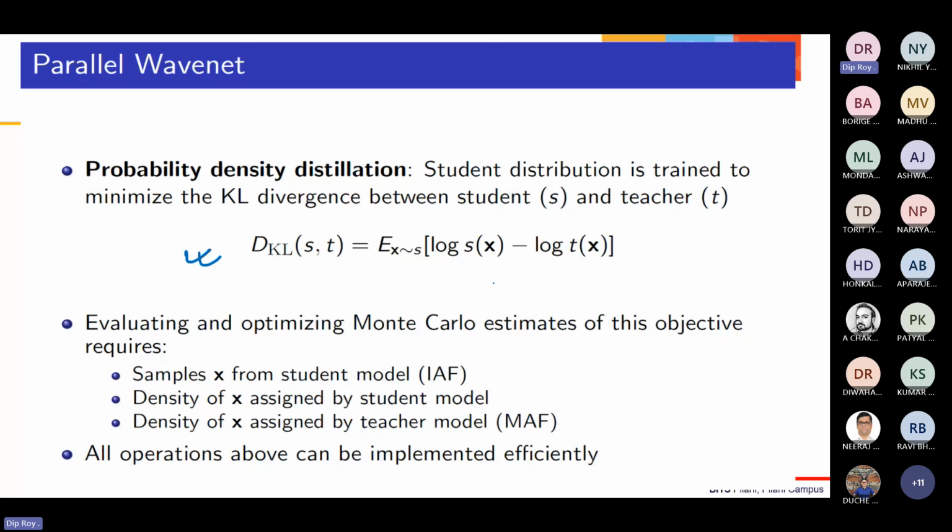If you have to write it simply, this is basically minimize the KL of the IAF. This is the teacher, the MAF, and this is X.